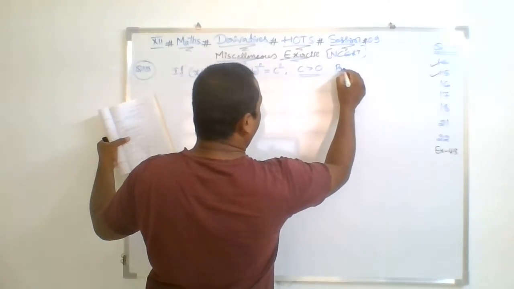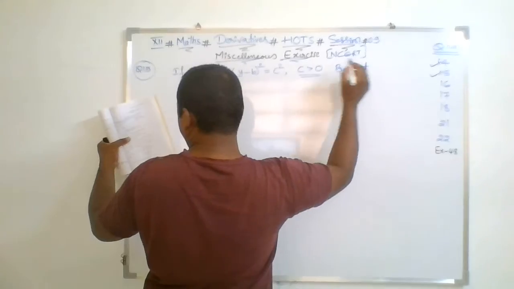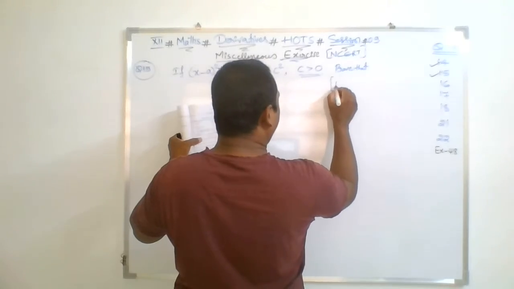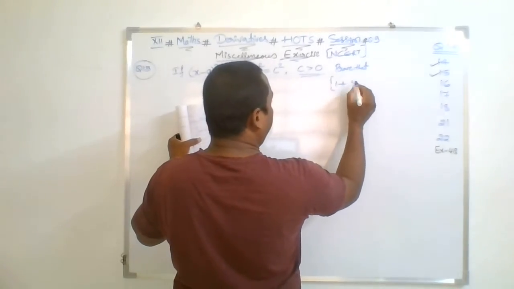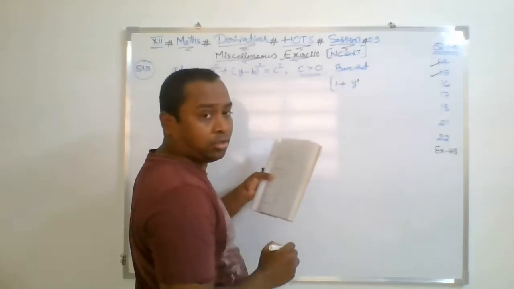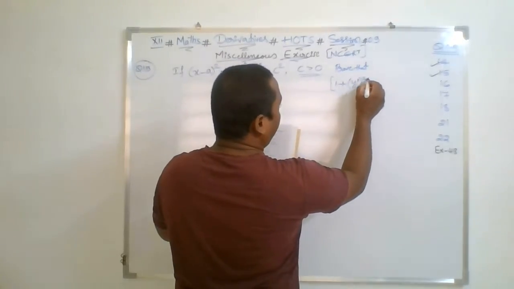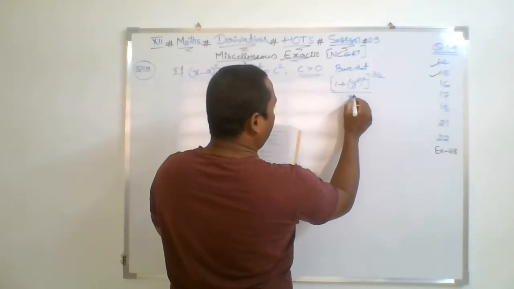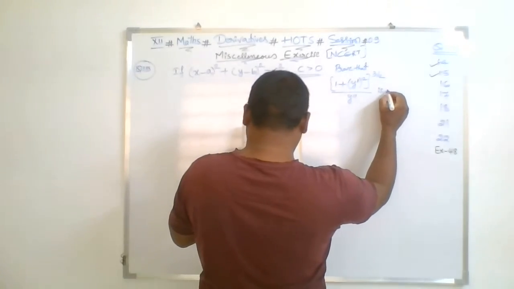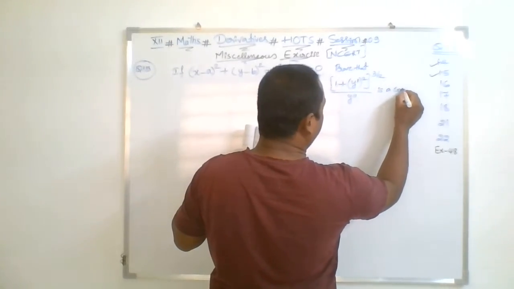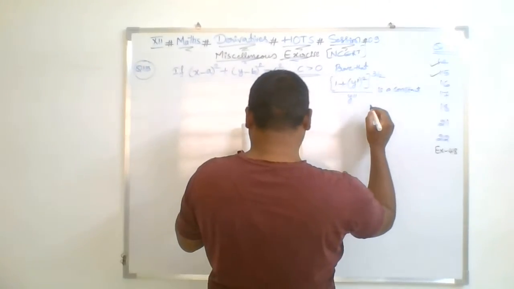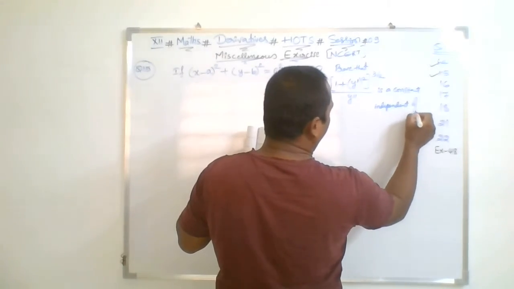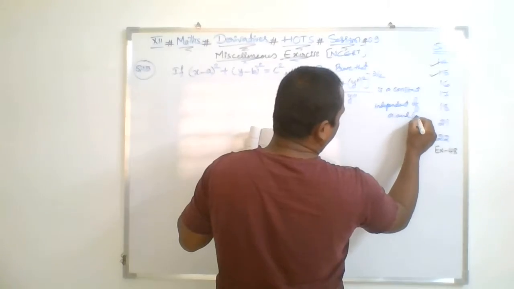But then you have to prove that [1 plus (y dash) square] whole to the power of 3 by 2, divided by y double dash, is a constant, independent of a and b.